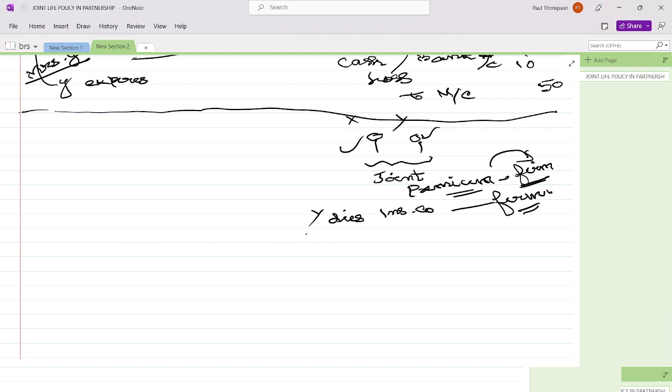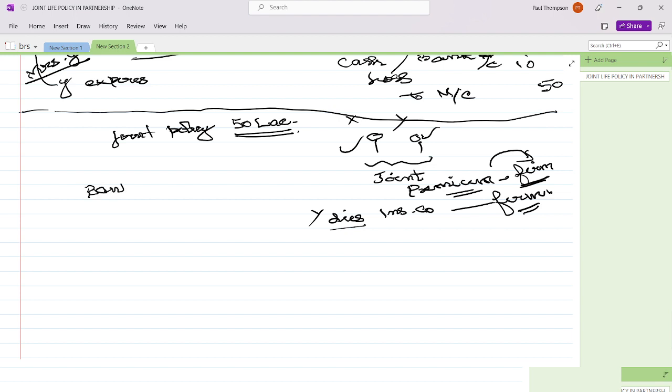Here Y dies, and let us assume that they have taken a joint policy of 50 lakh. Now what happens? The premium is paid by the firm. So on the event of death of Y, the company will pay 50 lakh. What is the journal entry?